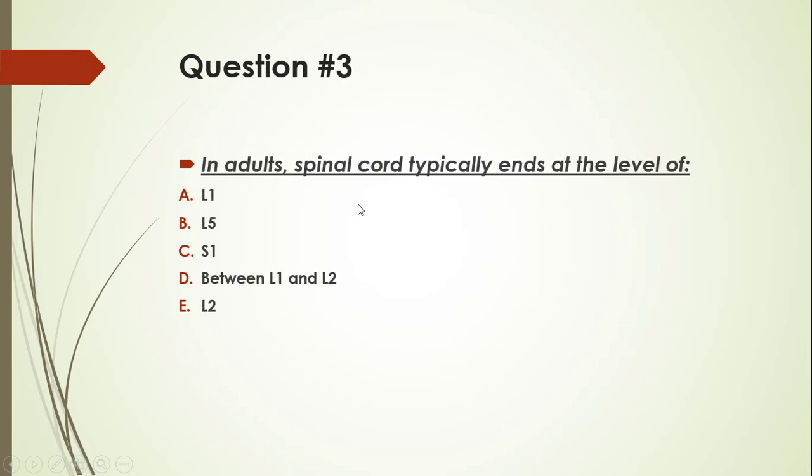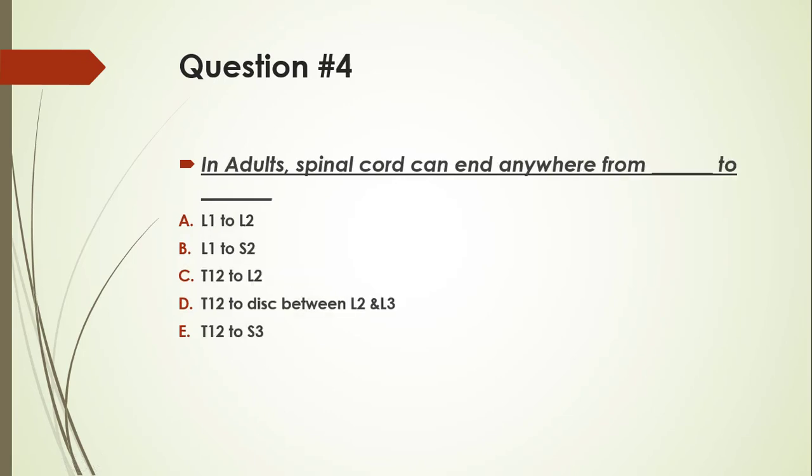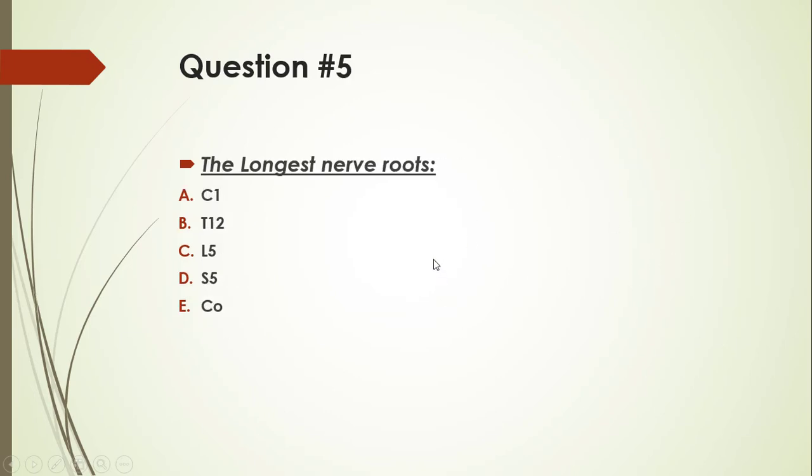In adults, the spinal cord typically ends at the level of. In adults, the spinal cord can end anywhere from which to which vertebrae. The longest nerve roots are.